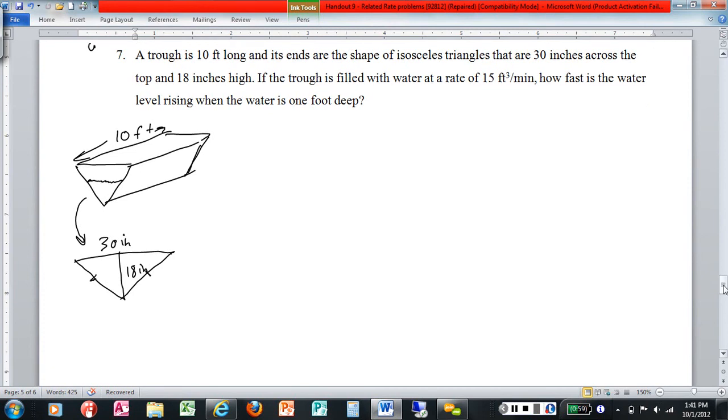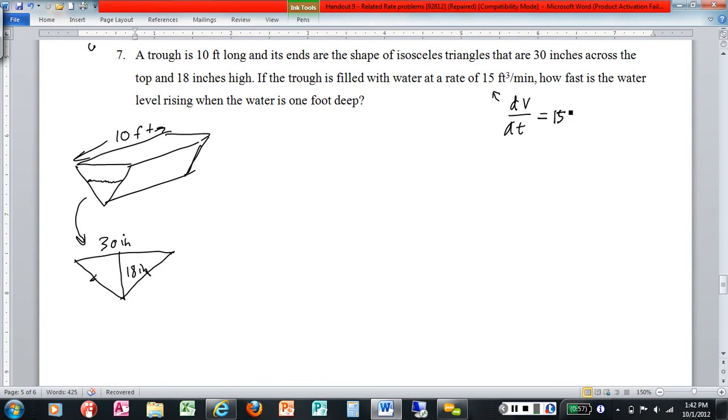Let's just label this rate. That's how fast the volume's changing. So that's dV dt.